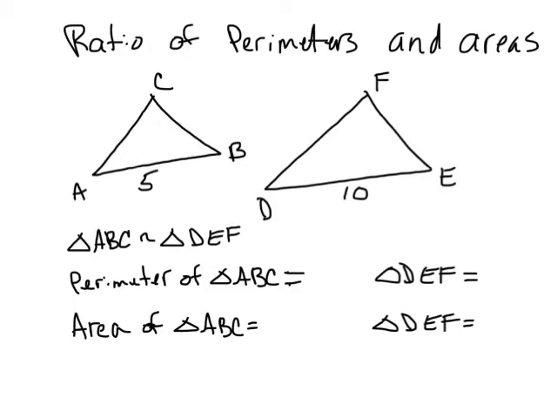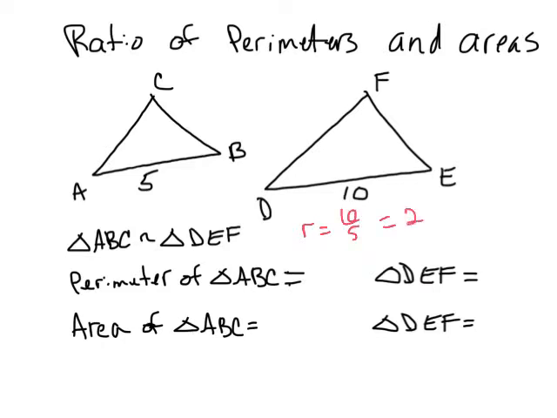The final thing we can discuss is the ratio of perimeters and areas with similar objects, because there is a relationship. If I have two similar triangles, ABC and DEF, and corresponding sides are 5 and 10, and I say that ABC is similar to DEF, then my scale factor is going to be 10/5.